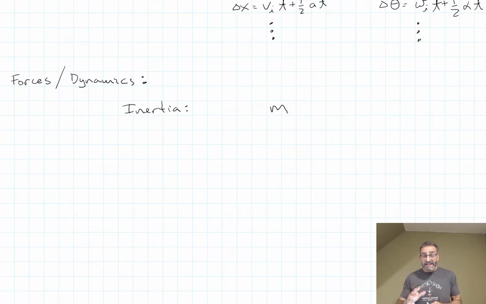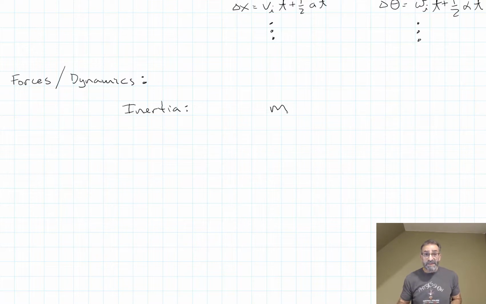Just like our translational inertia, it tells us how hard it is to get something moving if it's sitting at rest, or how hard it is to stop it if it's moving. We have something that tells us how hard it is to start something spinning if it's at rest, or to stop it from spinning if it's already spinning. It's a little more complicated than just the mass. It's the mass and how that mass is distributed about the axis of rotation.